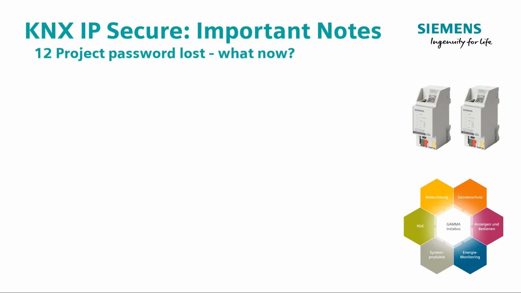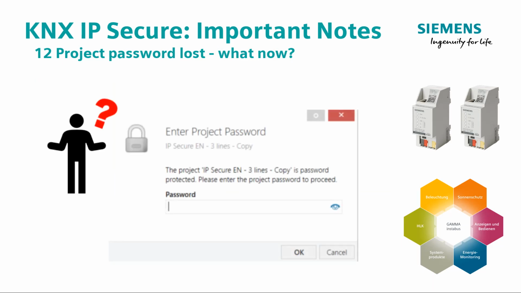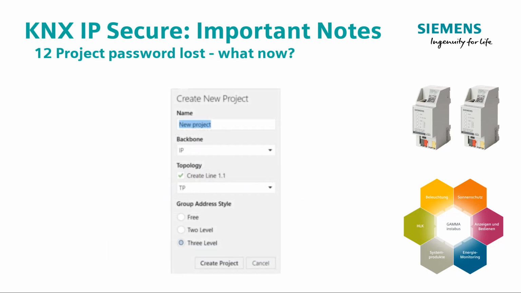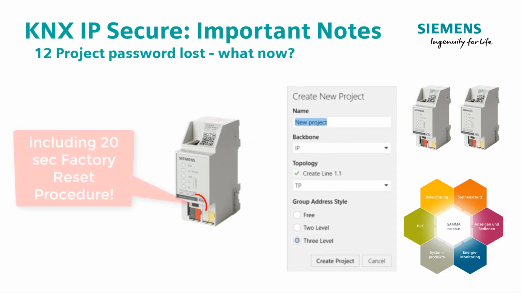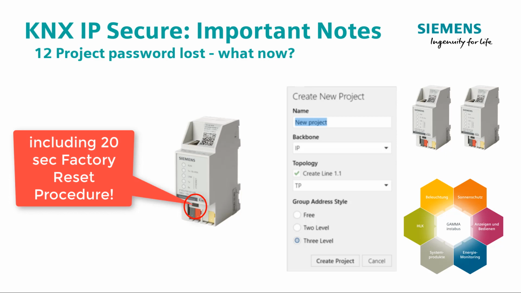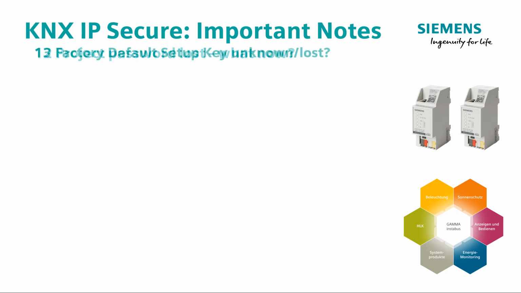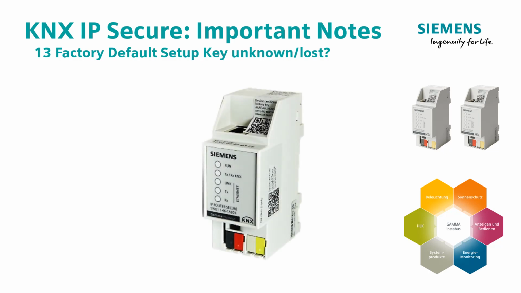12. Forgotten project password. If the ETS user does not remember the ETS project password anymore, the project must be completely recreated. All KNX IP secure devices must be recommissioned. 13. Factory default setup key is lost.